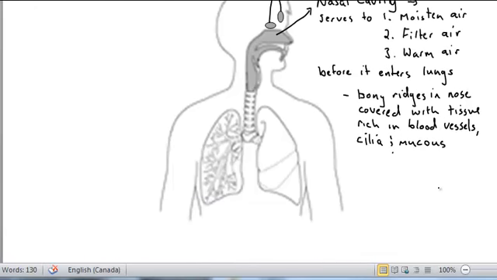Okay. Now, interestingly, mucus traps particles that aren't supposed to enter the lungs.